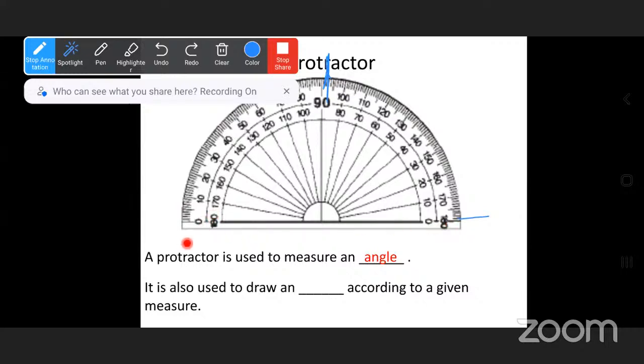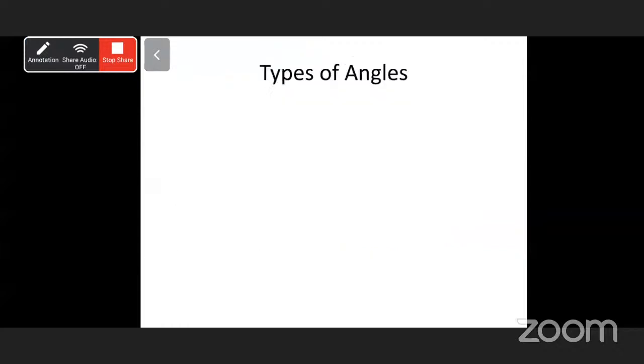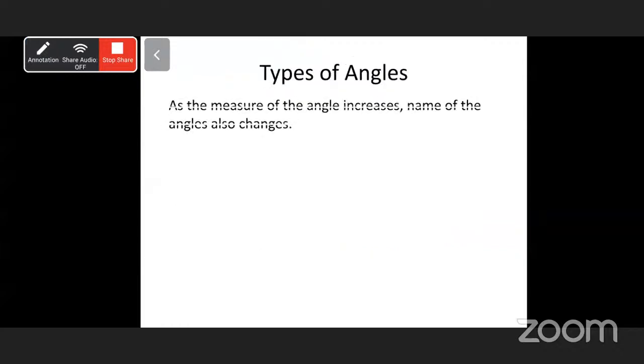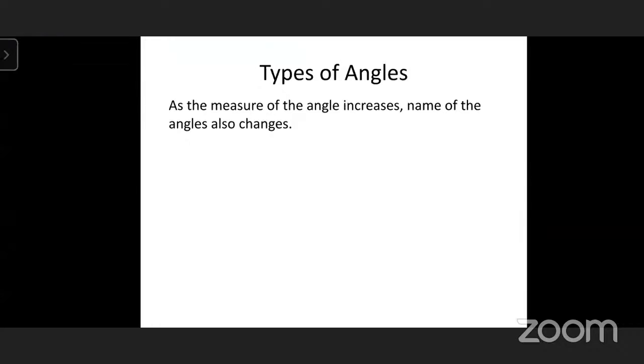I'll show you all the images also. And above 180 degrees but less than 360, it will be called a reflex angle. So we'll learn each and every part in detail. If the measure of the angle increases, the name of the angle also changes.